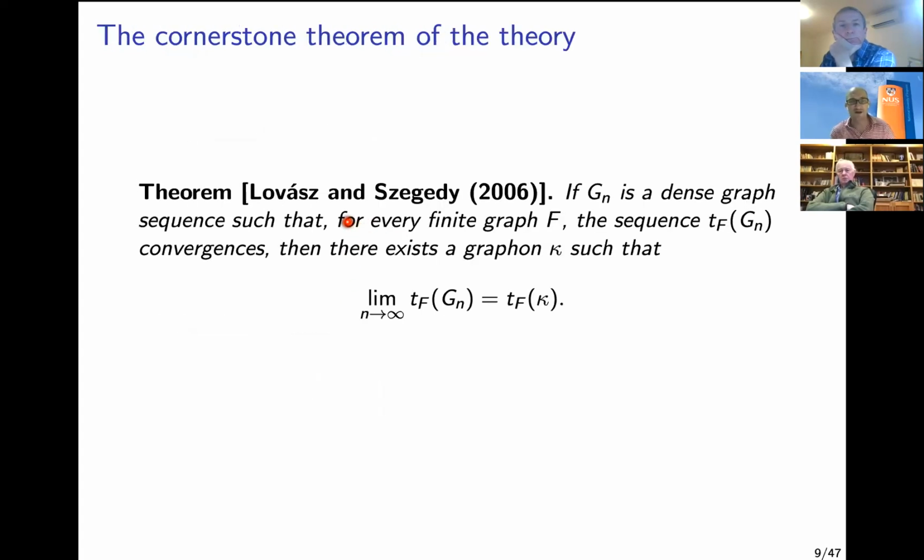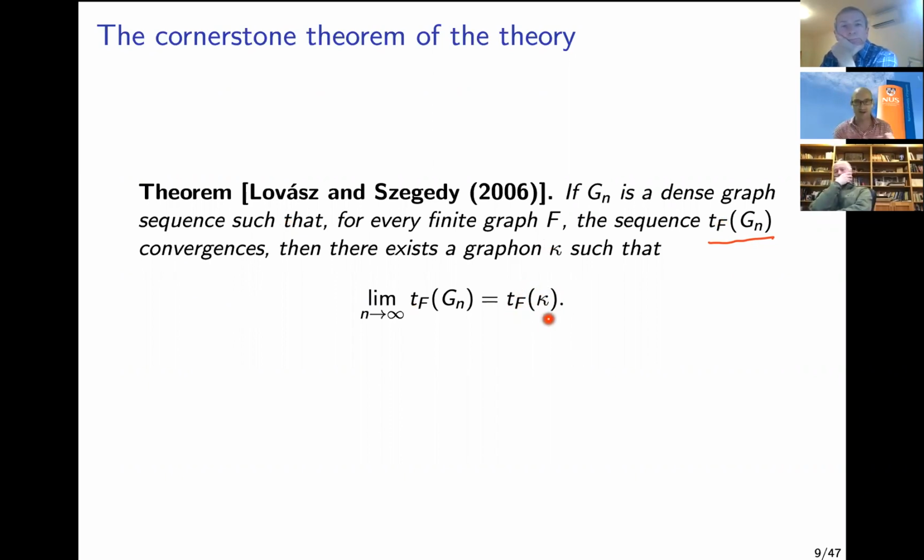If the sequence is such that for every F, these subgraph densities converge to a number that of course depends on F, then there exists a graphon such that the limits can be expressed as subgraph densities with respect to this graphon.